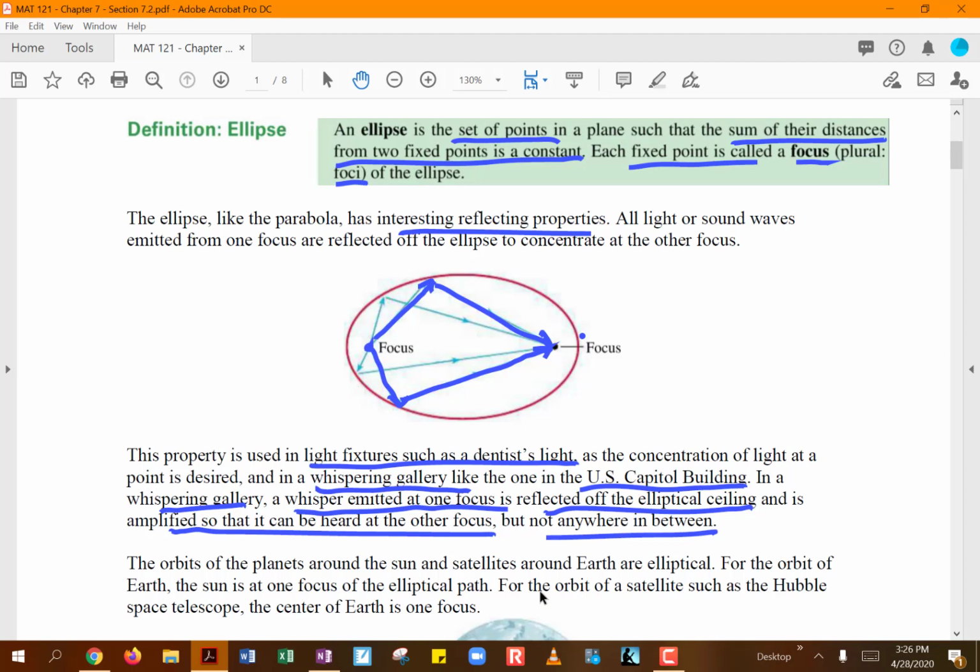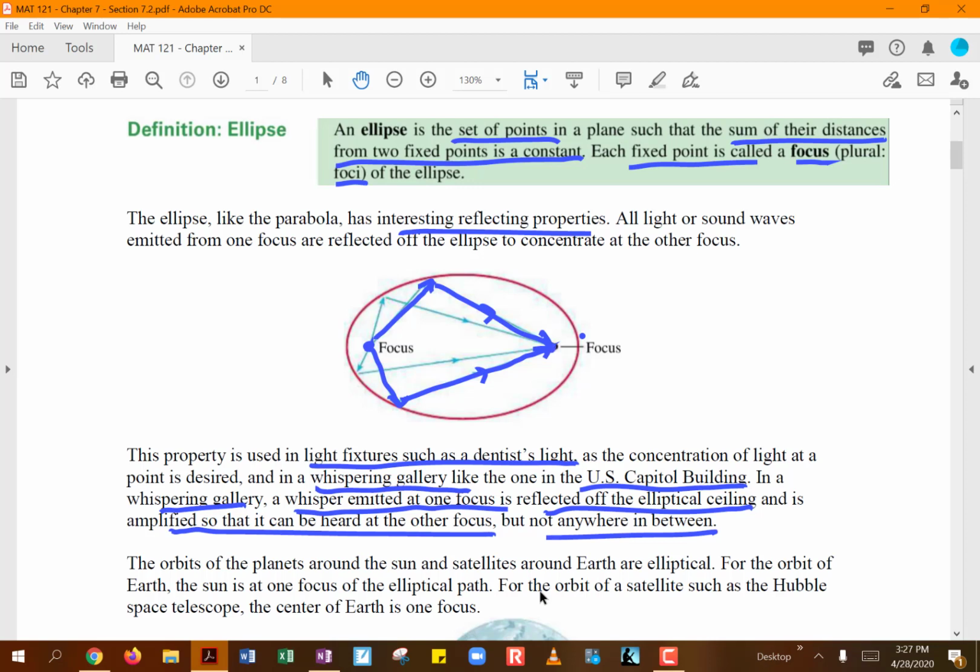So again you can look at the same image over here. Let's say you are standing at this focus point on the left and you are whispering. Those sound waves are going to reflect off the elliptical ceiling of the US Capitol, and they will come back and be concentrated towards that other focus.